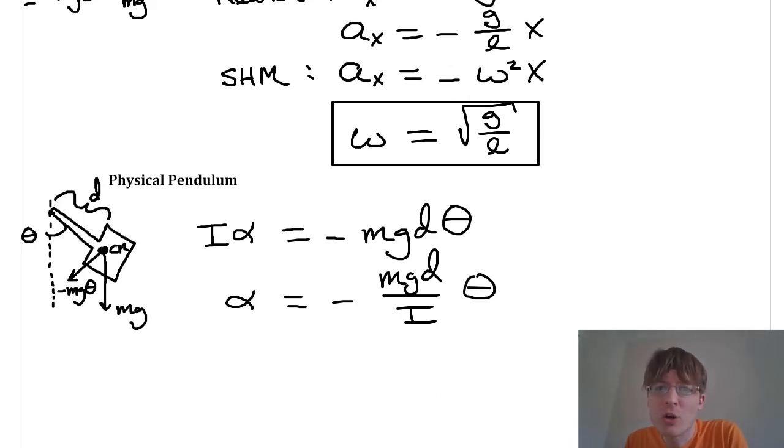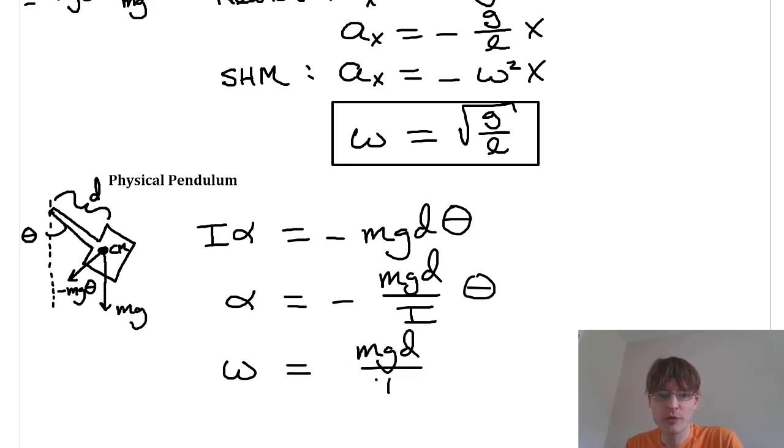In this case, it's linear position and linear acceleration. Here, it's angular position and angular acceleration. But my conclusion is that, yeah, this thing is a simple harmonic oscillator. It's just that I can read off the value of omega squared, or the value of omega, must be equal to the square root of mgd over the inertia.